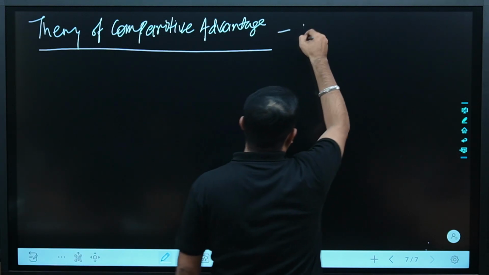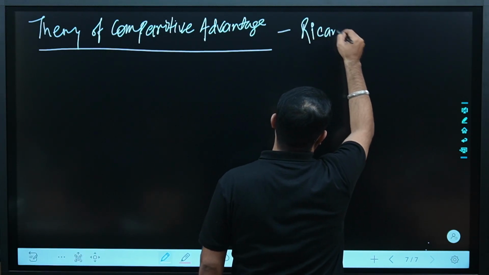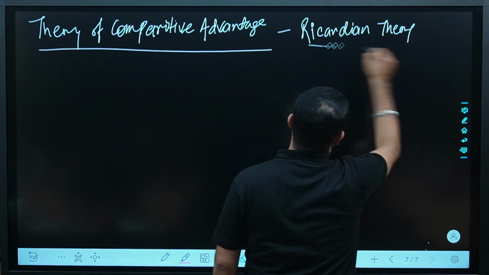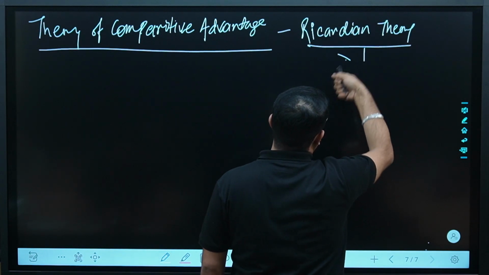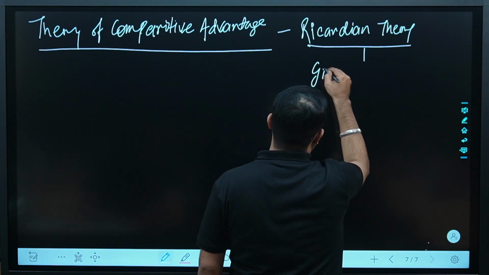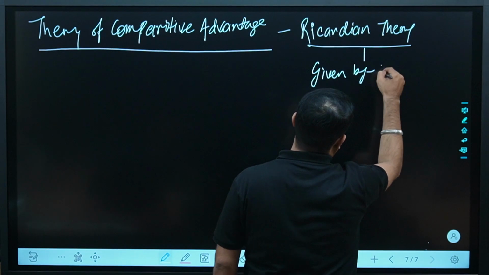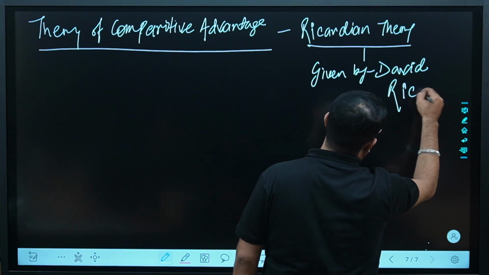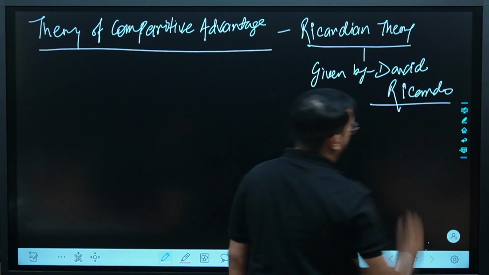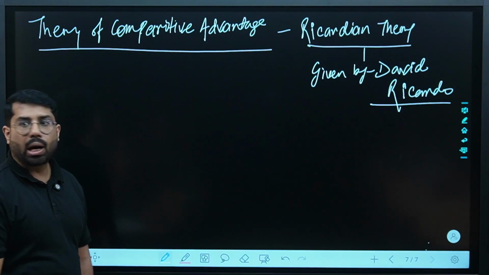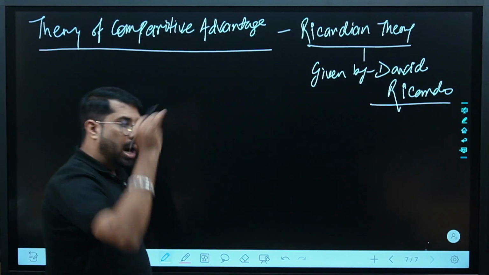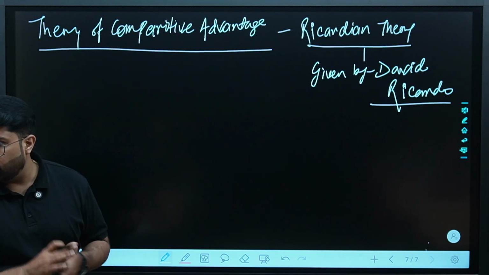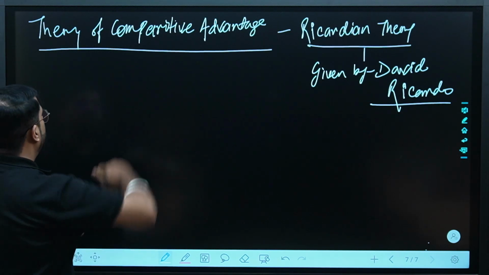The theory is also known as Ricardian theory, as it was given by David Ricardo. Okay, Ricardian theory. What David Ricardo said here was again a very simple thing. Same thing.